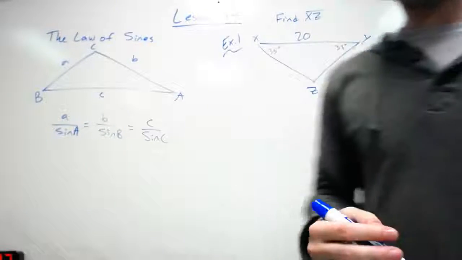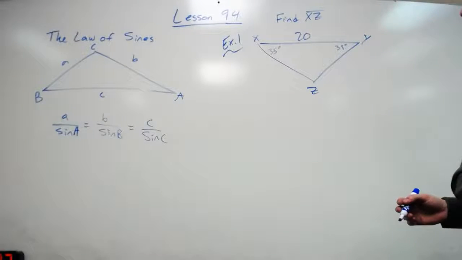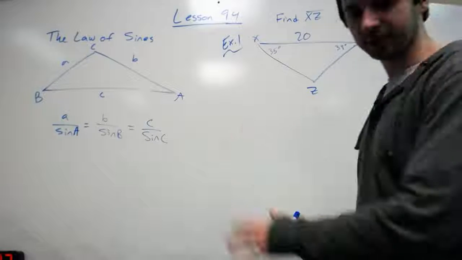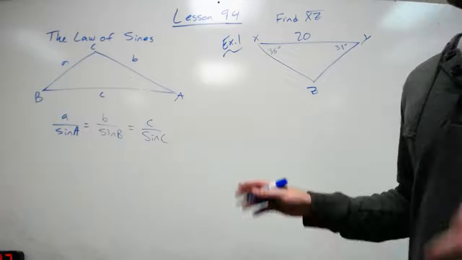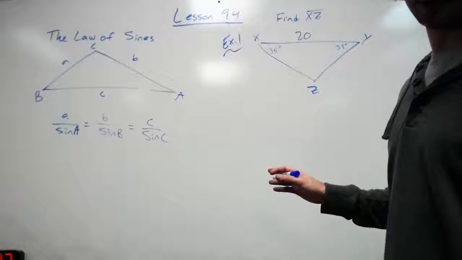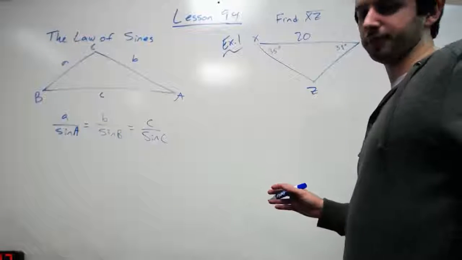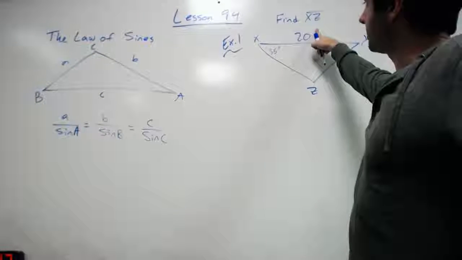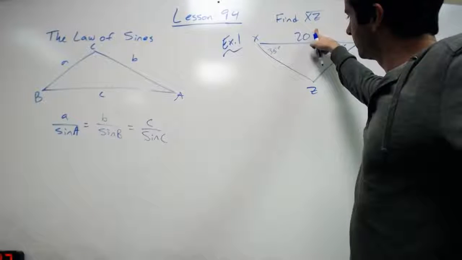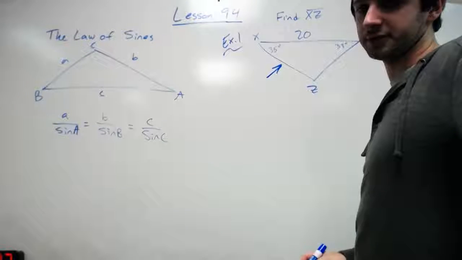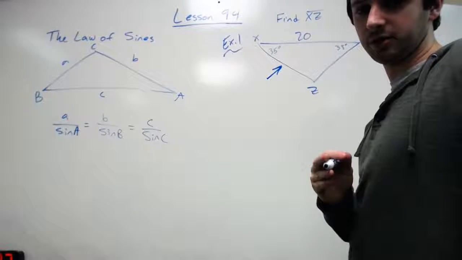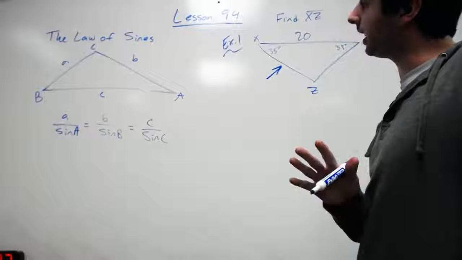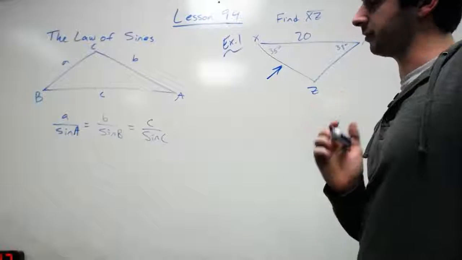So now let's look at an example of how we may use this. Example 1. It looks complicated, and law of sines can sound intimidating, but it's really nothing too difficult. Example 1 says find xz. So we need to find this one. I'm going to show you this one by setting up all the proportions.